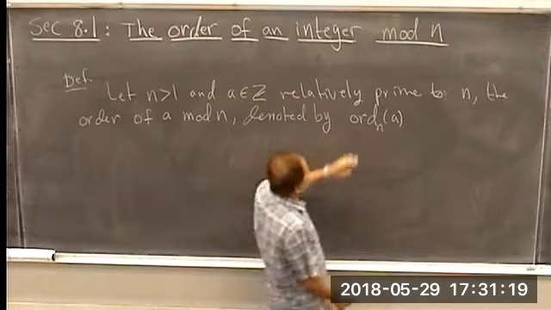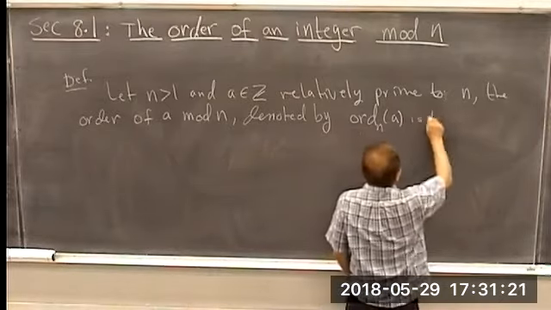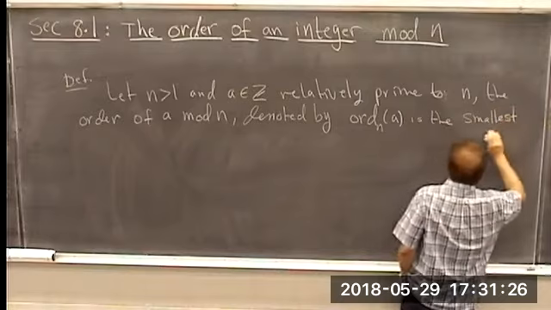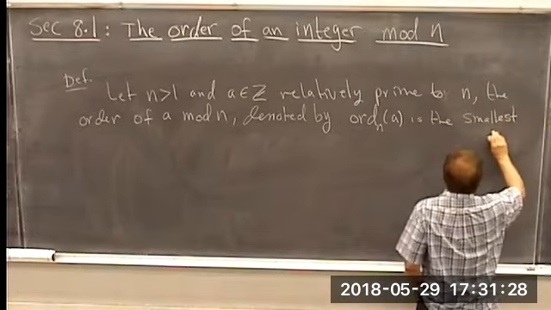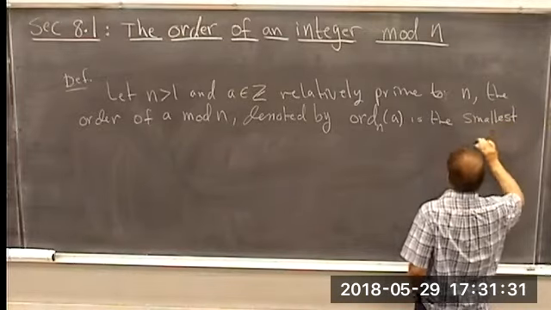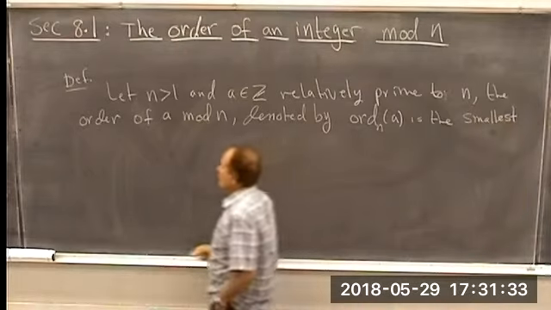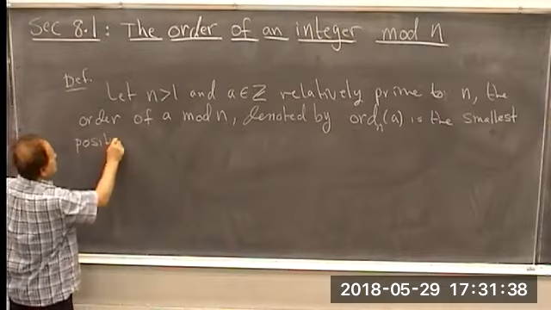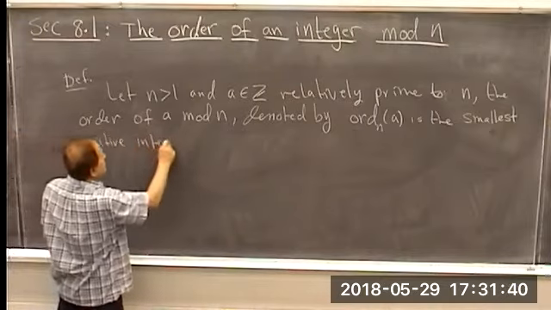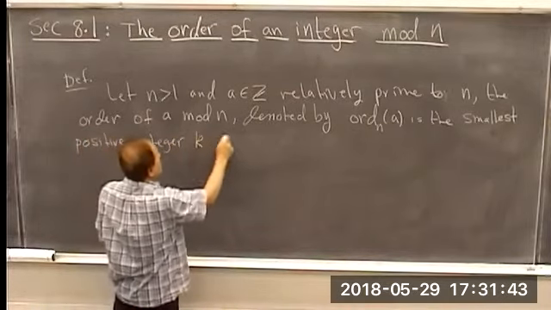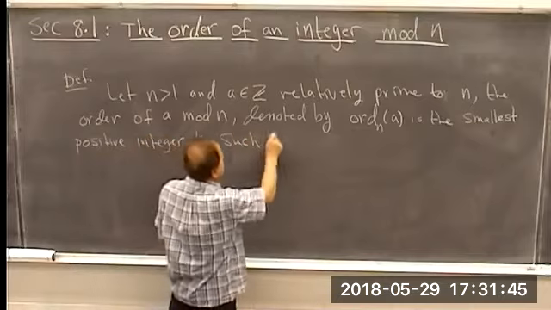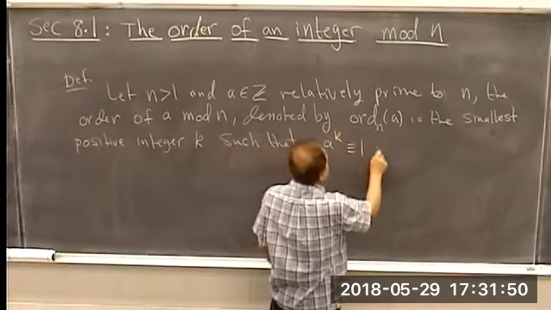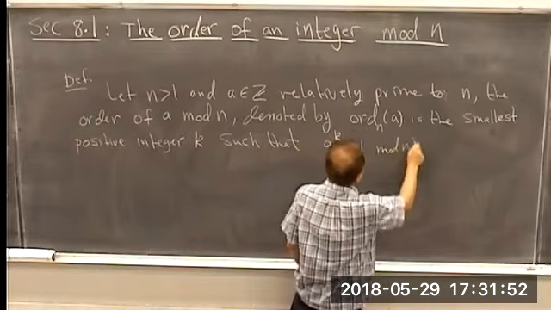It is the smallest positive integer k, which we know does exist because of the well ordering principle, such that a to the k is congruent to 1 mod n.